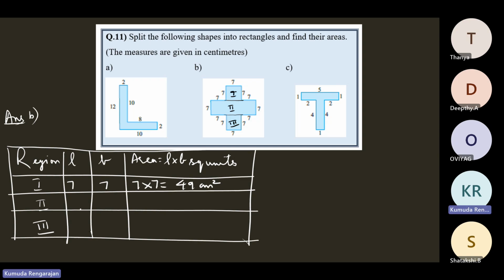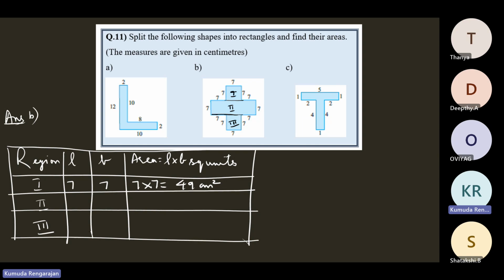Yeah, next one. For region 2, the length is 7 centimeters and the breadth is 21 centimeters, ma'am. Very good. One minute. So see, this is the length. Your dimensions are correct, Satakshi. So for the second region, children, this is the length.